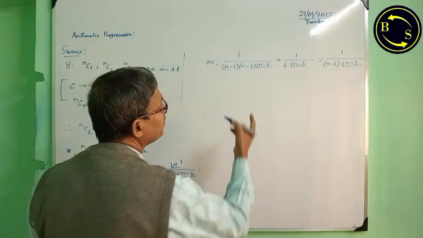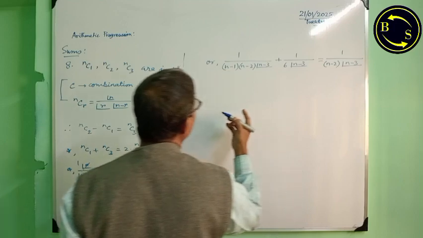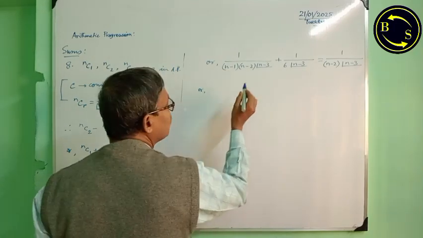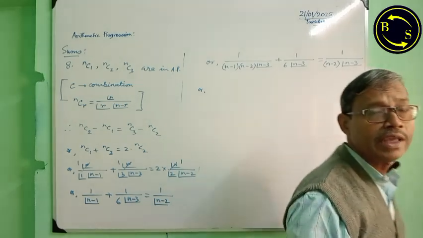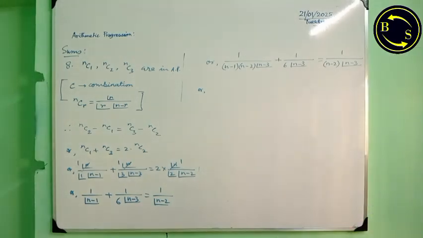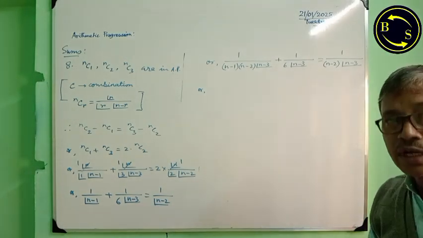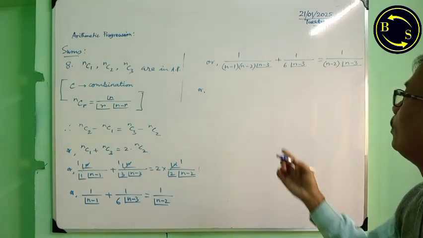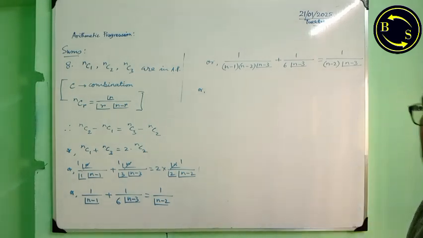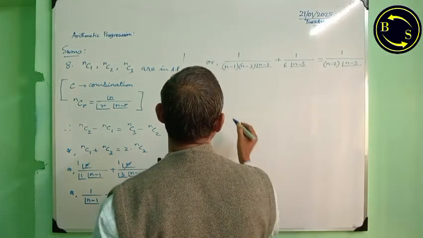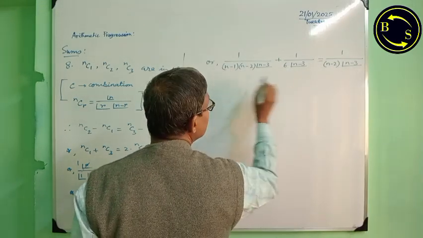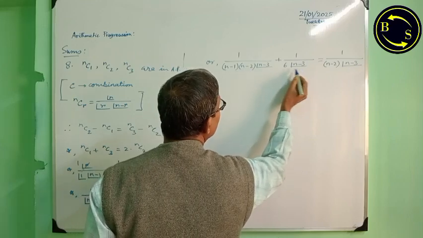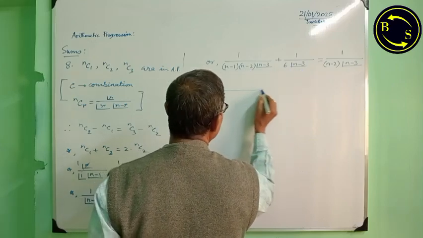Now I find factorial n minus 3 is a common factor, and also remember factorial n minus 3 is a positive integer, therefore we can cancel. Therefore, after cancelling that, we get 1 by n minus 1 into n minus 2, plus 1 by 6.